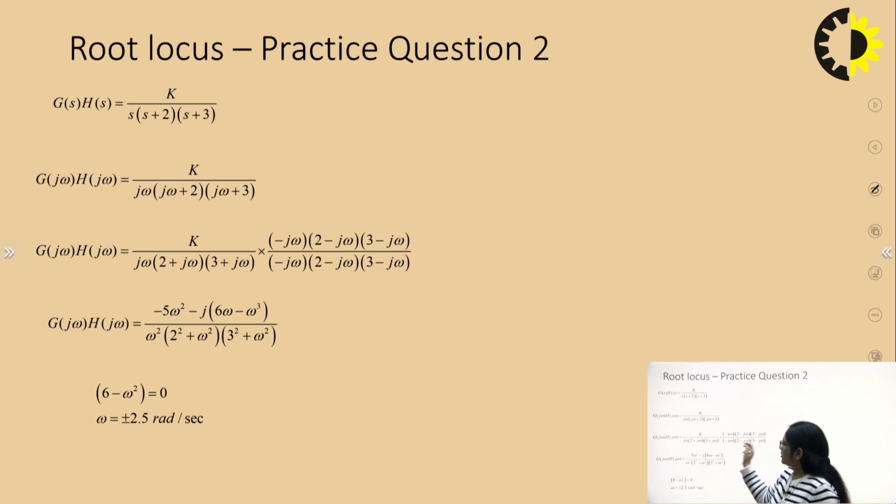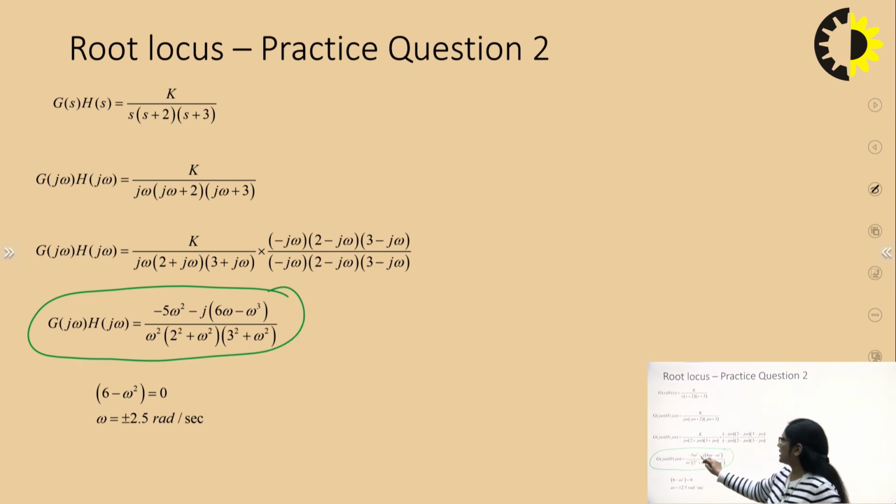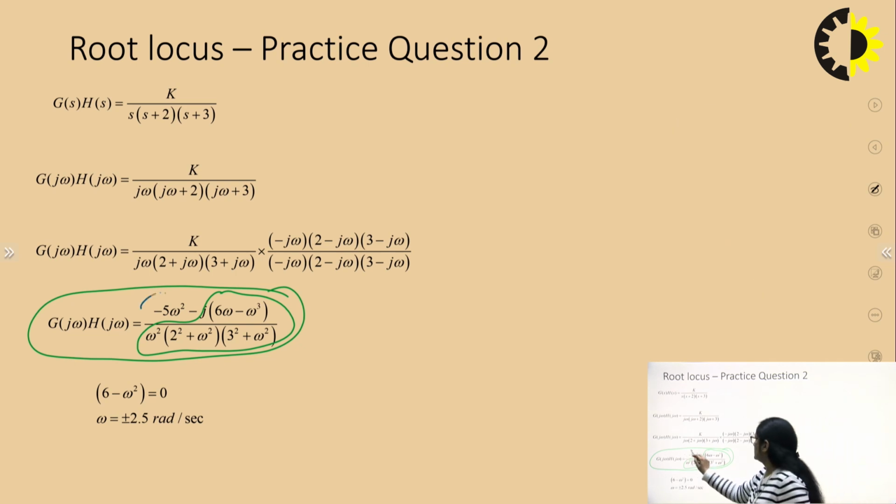When you rationalize the system, we get this expression: minus 5 omega square plus j(6 omega minus omega cube). This part of the system is the imaginary part, whereas this part is the real part.